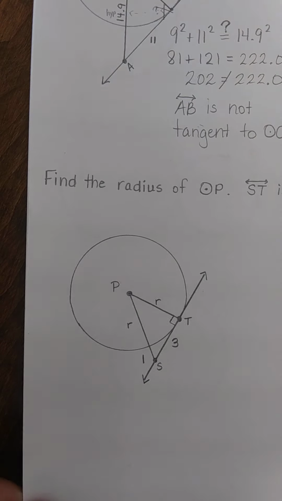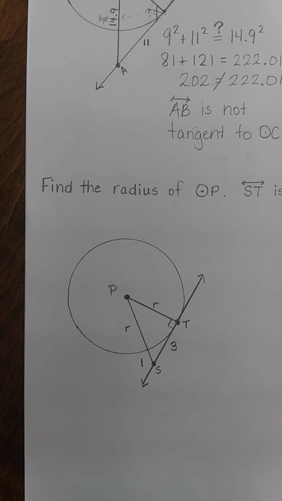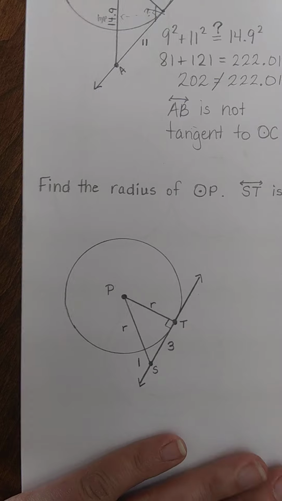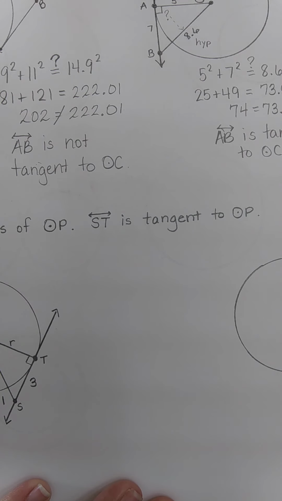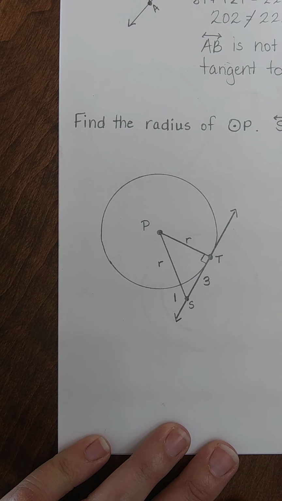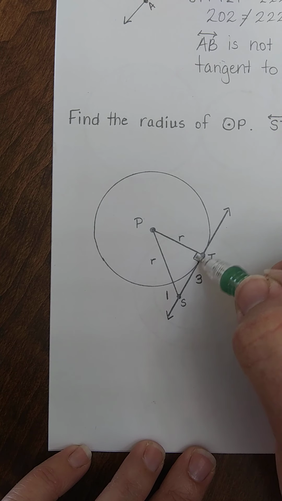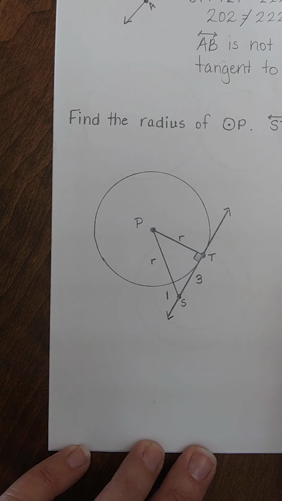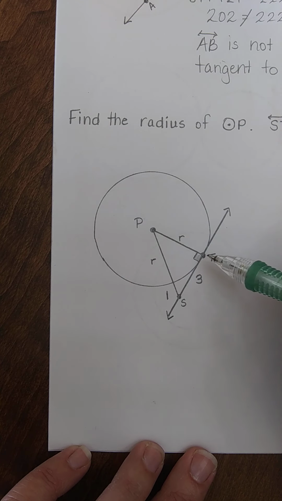Now the really tricky ones. Find the radius of circle P. ST is tangent to circle P. So here we have a diagram. We know this is a right triangle because we're told it is tangent. So we're going to be looking at the Pythagorean theorem once again.